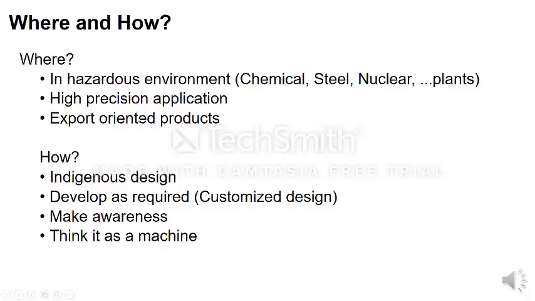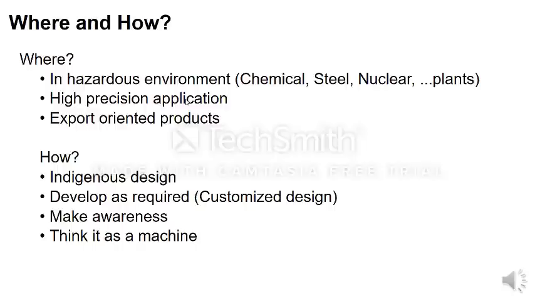Where and how? Robots can be used in hazardous environments like chemical plants, steel plants, nuclear plants, and plants which are not good for human beings. In such plants, robots can be used. High precision application. If you need more precision, we have to use robots.